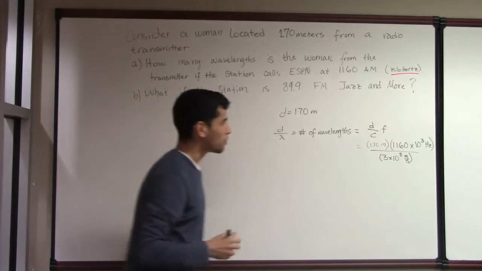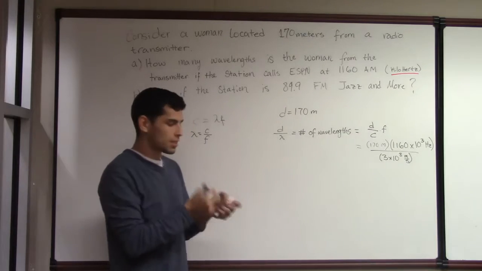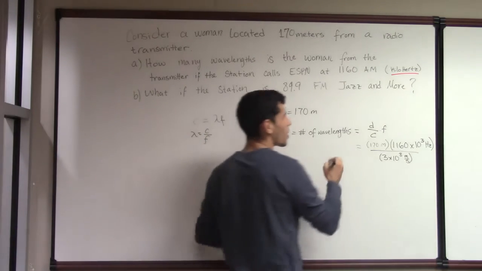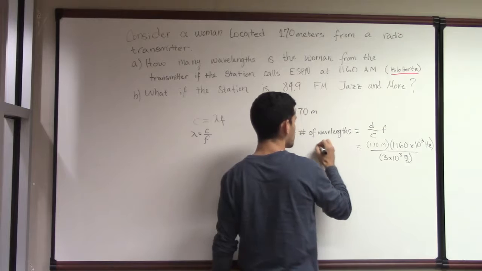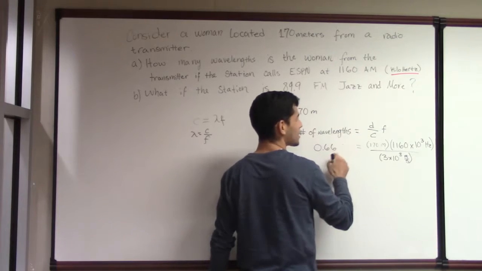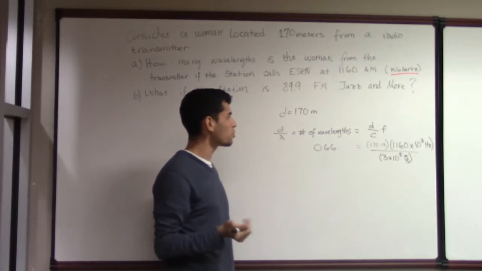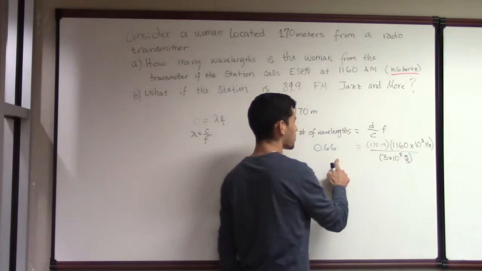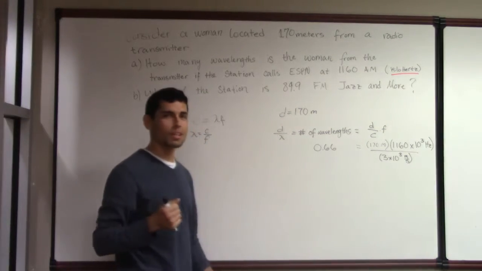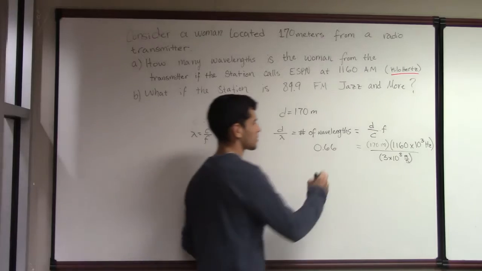Okay, and if we type this into our calculator, we'll see that our number of wavelengths will be 0.66, meaning we have approximately 2/3 of a wavelength between our woman and our tower.